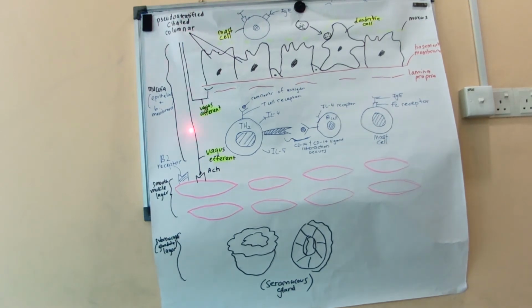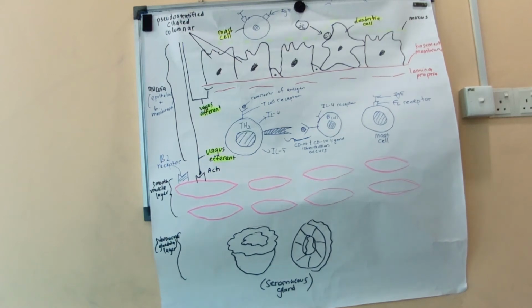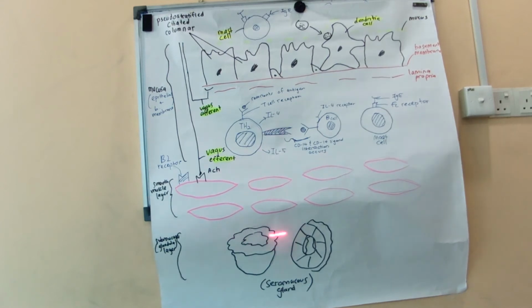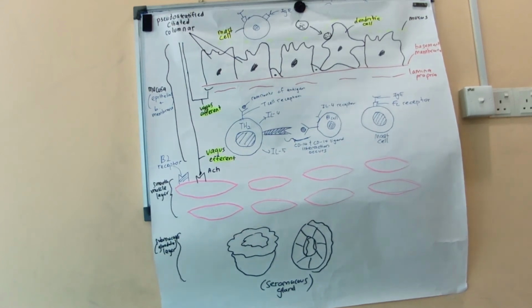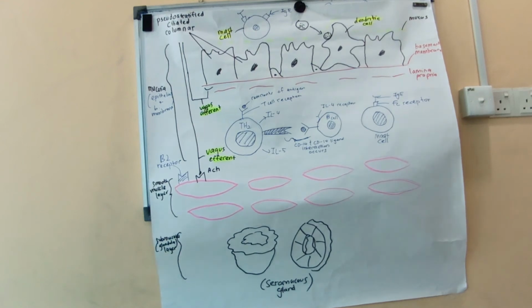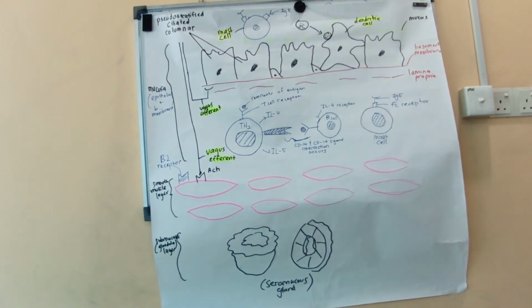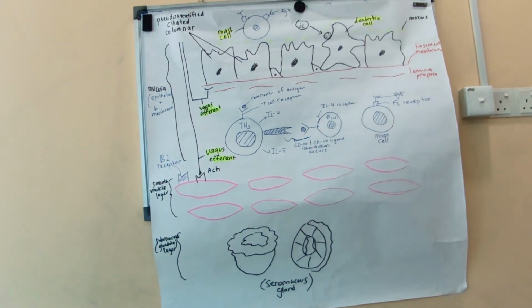The vagus efferent releases acetylcholine onto the bronchial muscle, which causes contraction of the smooth muscle. This is why it causes narrowing of the airway. If you can block the release of this acetylcholine, you can cause dilatation of the airway.